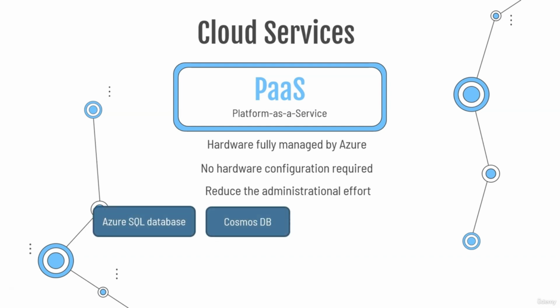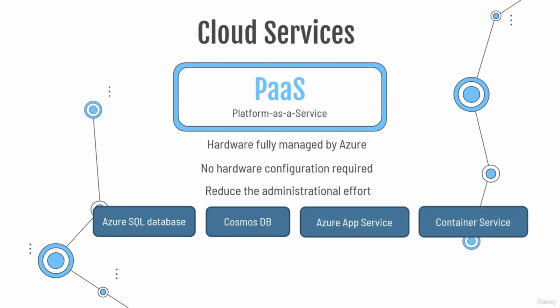Examples of this are different SQL databases, like Cosmos DB or Azure SQL Database, but also some container services and app services, where the operating system is completely managed by Azure and we are only responsible for deploying and developing the applications.